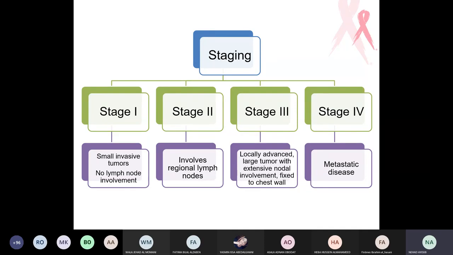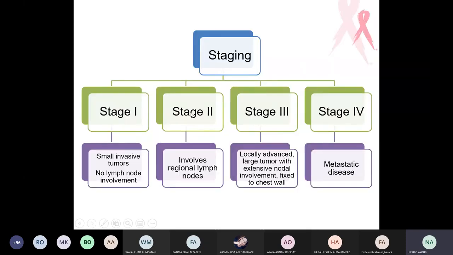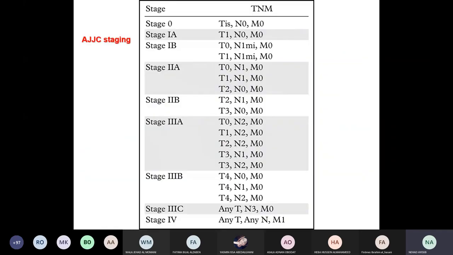Stage 1 usually has smaller tumors and usually no lymph node involvement, or minimal involvement. When I talk about stage 2 disease, usually the tumor mass is larger, and in stage 2 I start to see lymph node involvement.